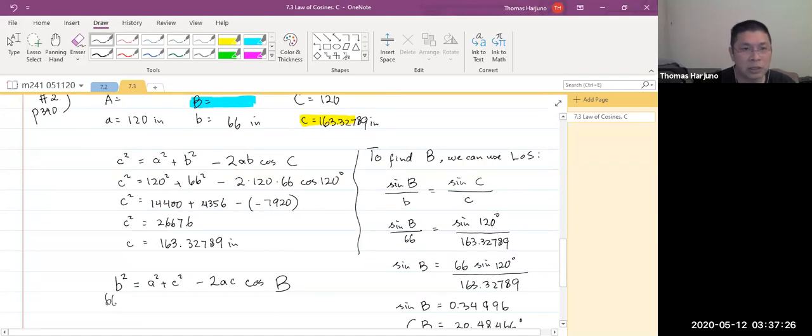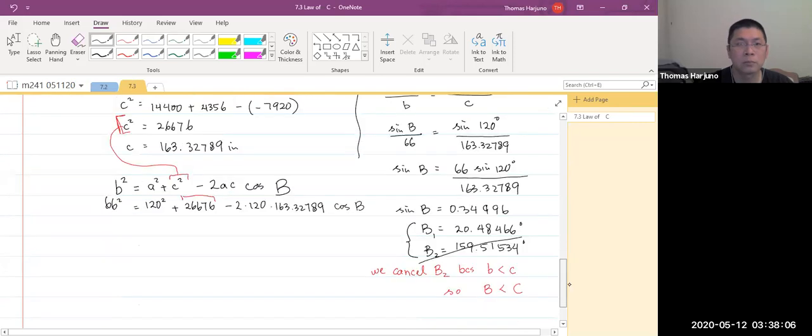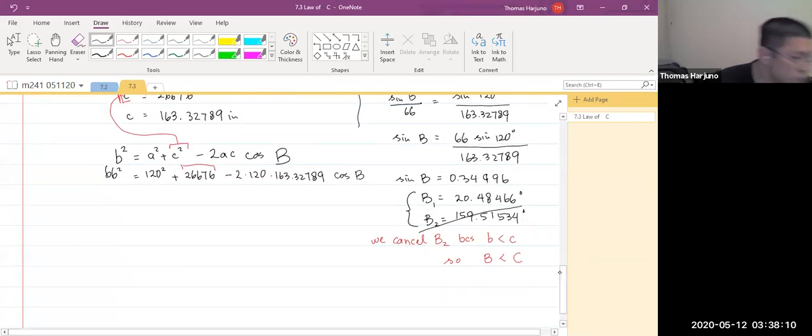So this is 66 squared equals 120 squared plus c squared, but our c squared is 26676 from here, minus 2 times 120 times 163.32789 cosine B. So this is 4356.